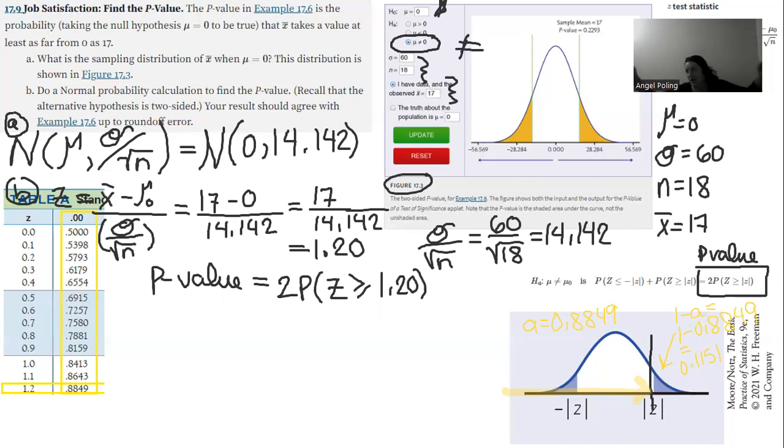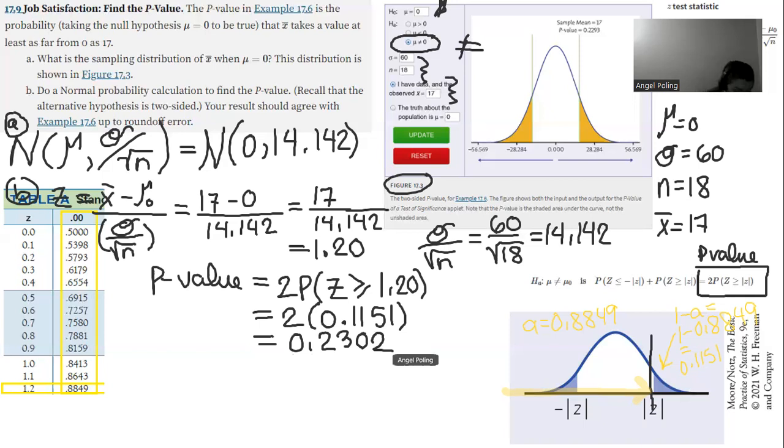And if you're more extreme, but on the left side, that's just going to be negative z-scores instead of positive ones. But you have that same amount of area on the other blue shaded region. So the p-value is both of those areas together when it's a two-tail. Only when it's a two-tail. This gives me 0.2302 as a p-value.